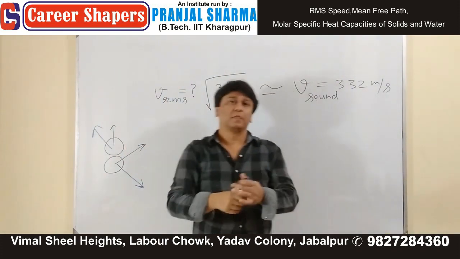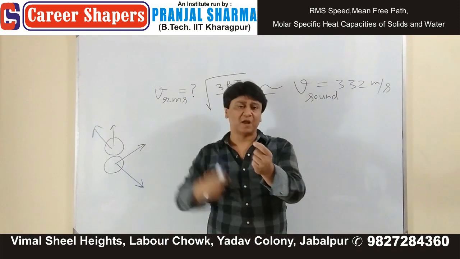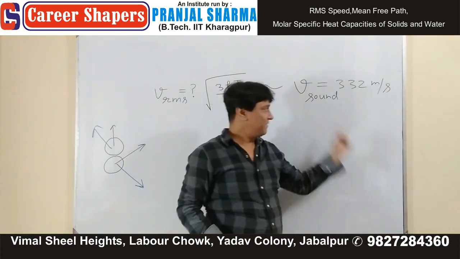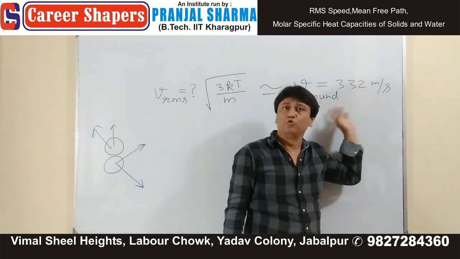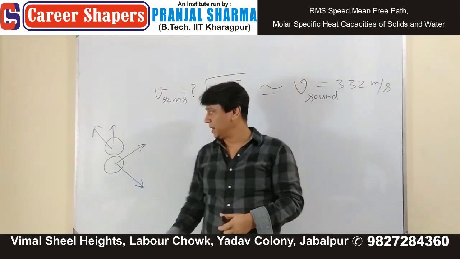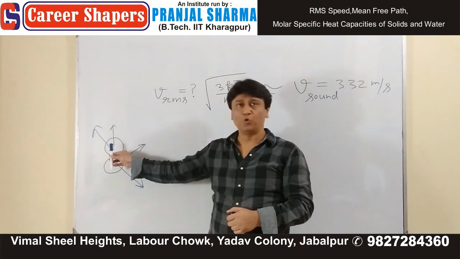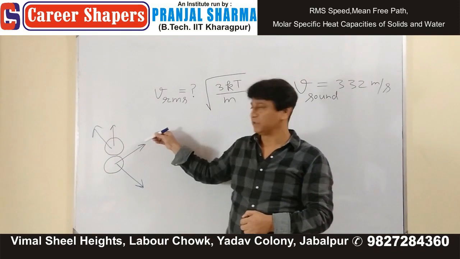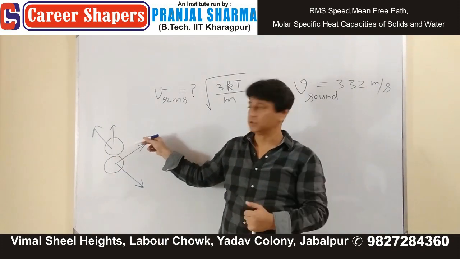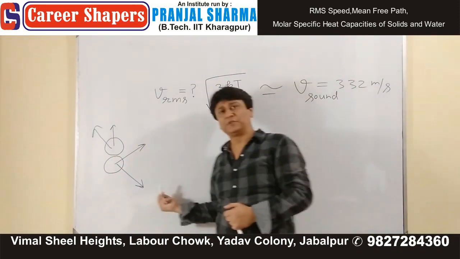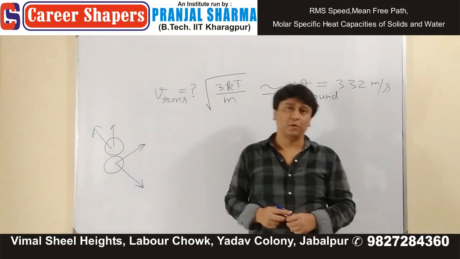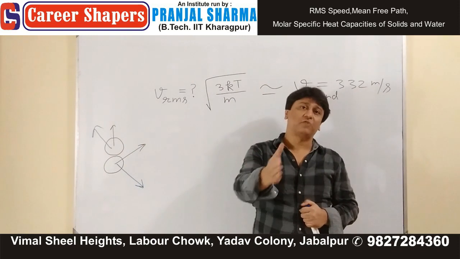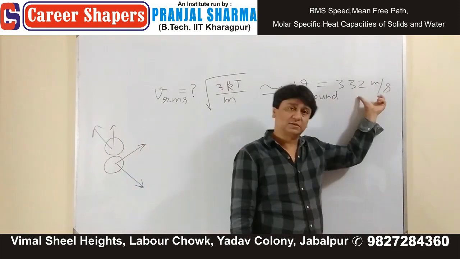If you have a single molecule, just imagine hypothetically, if you allow it to move, then it will definitely travel 332 meters. But in reality, it starts moving with 332 meters per second, collides, moves in this direction, suffers another collision, moves in this direction, and therefore a molecule simply cannot travel this fast.